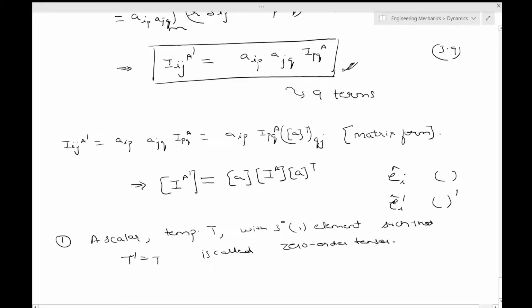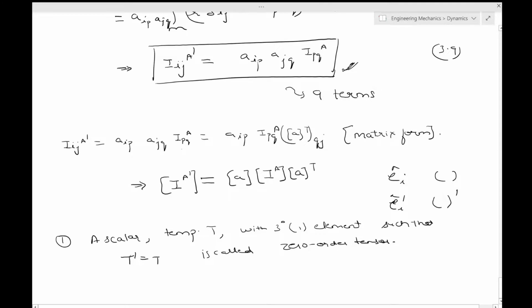So every matrix is not a tensor, but every tensor can be represented as a matrix. Until now we had been referring to this moment of inertia matrix, but since it follows this particular transformation law 3.9, we will actually be calling it a tensor.